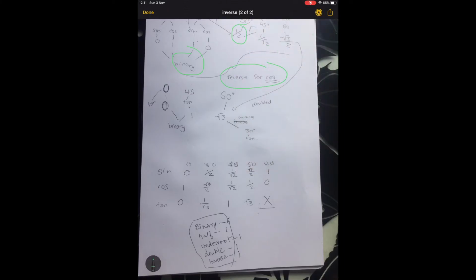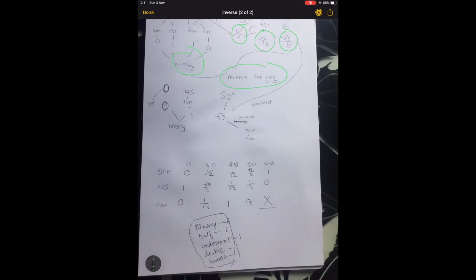And then we figured out that sine 45 is under root of half. And then sine 60 was its own unique value, which was root 3 over 2. And then that's the reverse for cos, so that's fine.